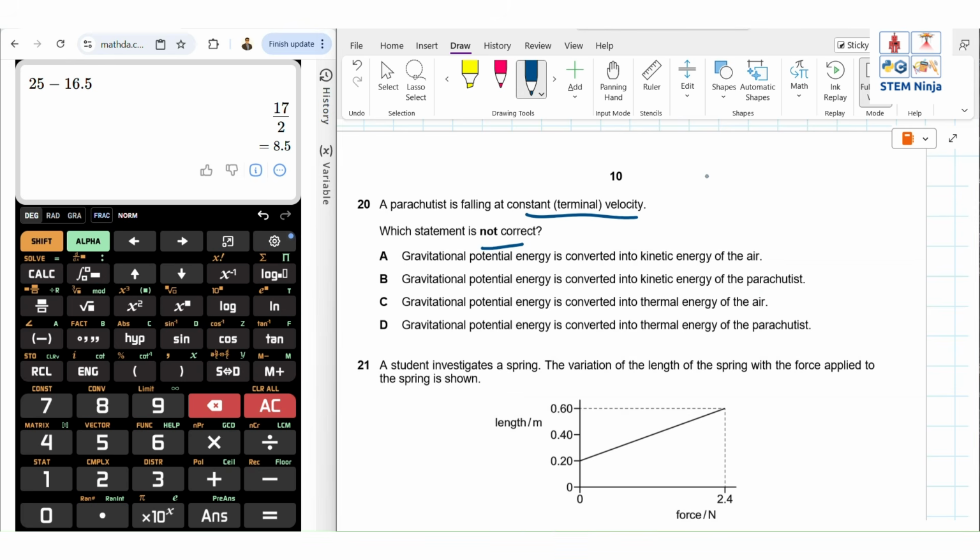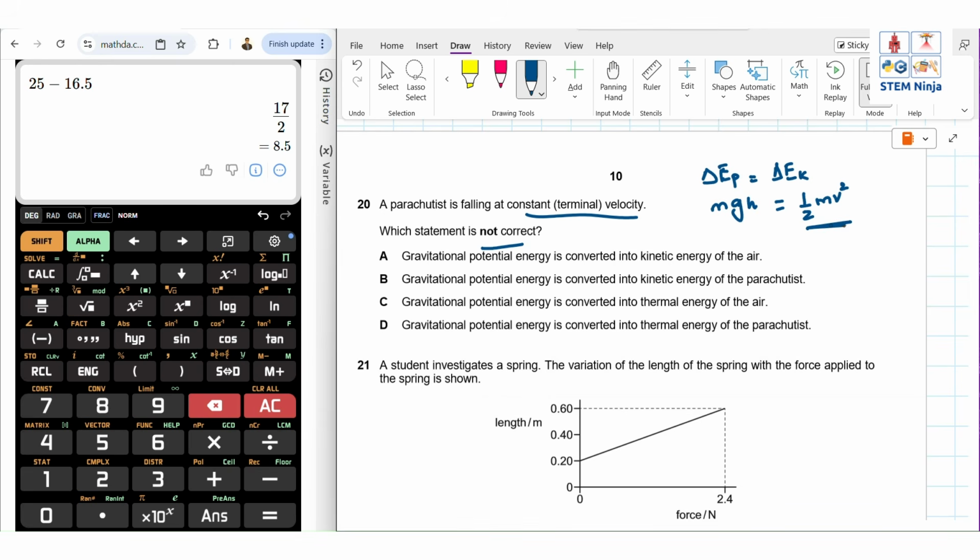So one thing to notice over here is that the change in EP and the change in kinetic energy only works when you have a conservative system. That means there's a constant change in mgh and a constant change in half mv squared.